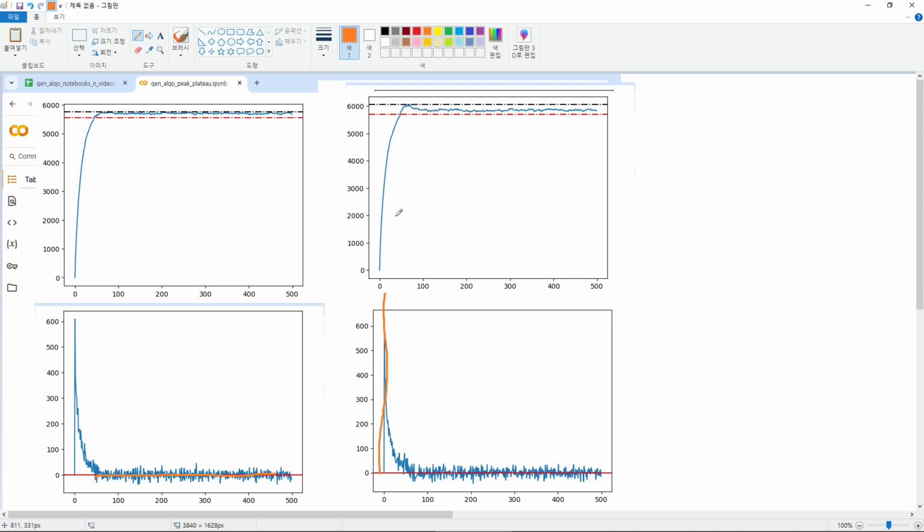So it goes up like it does here, and then plateau. I mean a peak over here as well, maybe here. Yeah, so about here is the peak, and then we have a plateau over there.